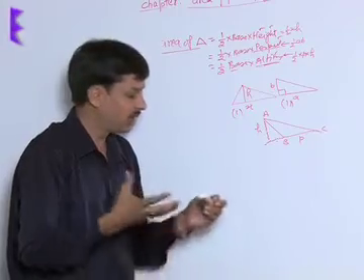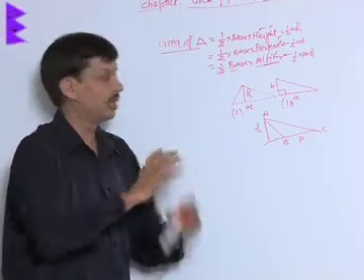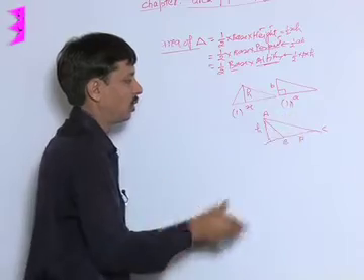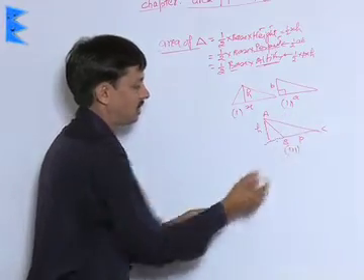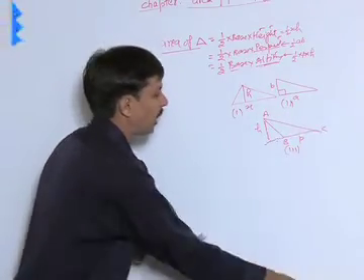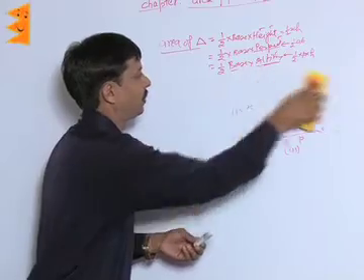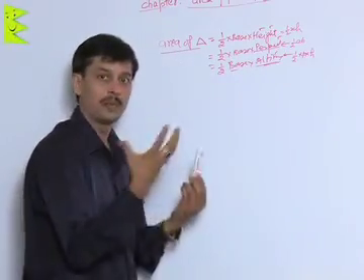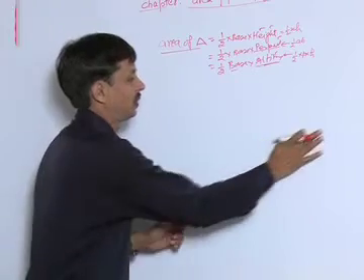In case the triangle is none of these, neither this shape nor this and nor the third one, we have to recall our important formula of area of a triangle, known as Heron's formula, the fourth formula for finding the area of a triangle.